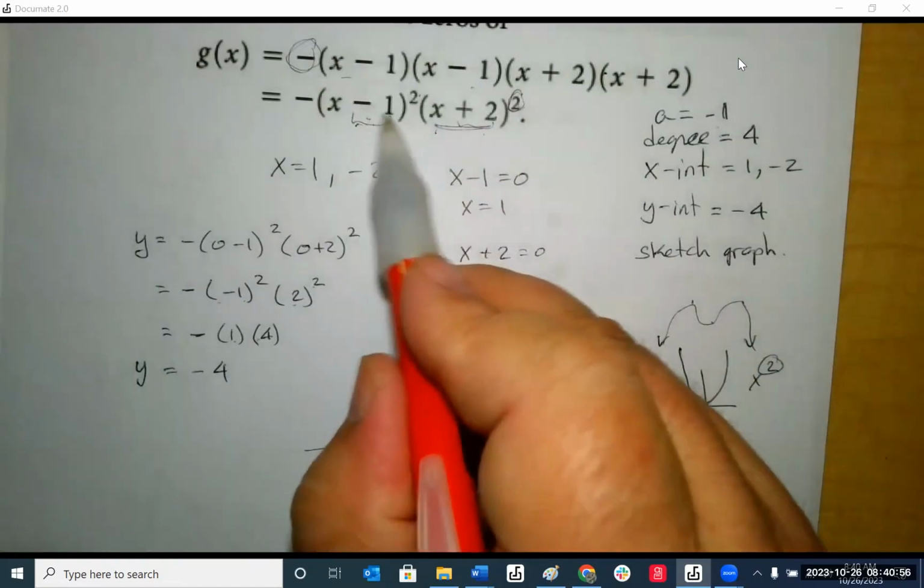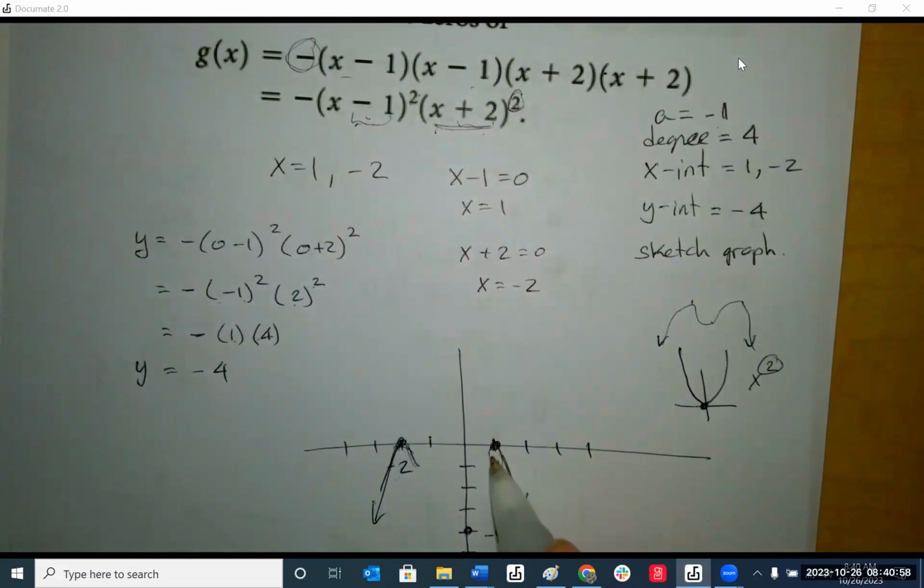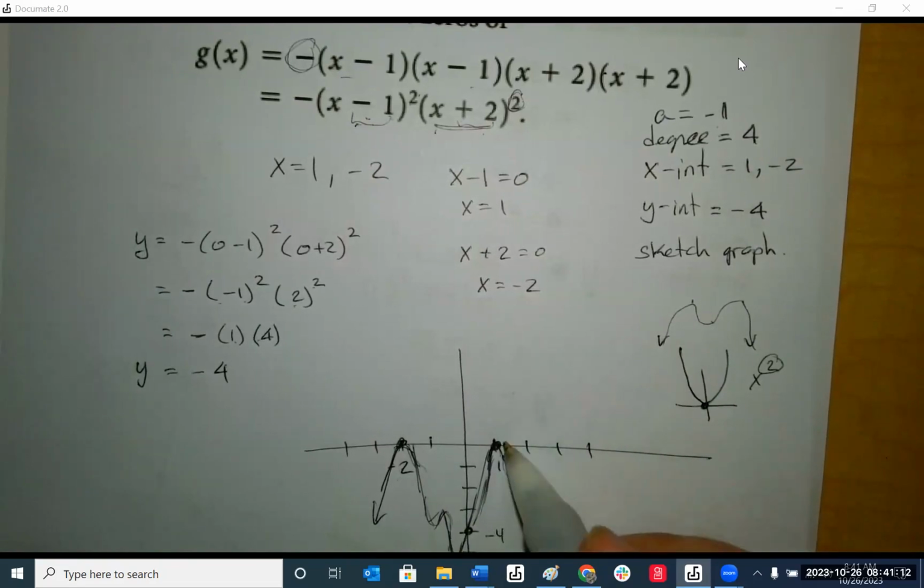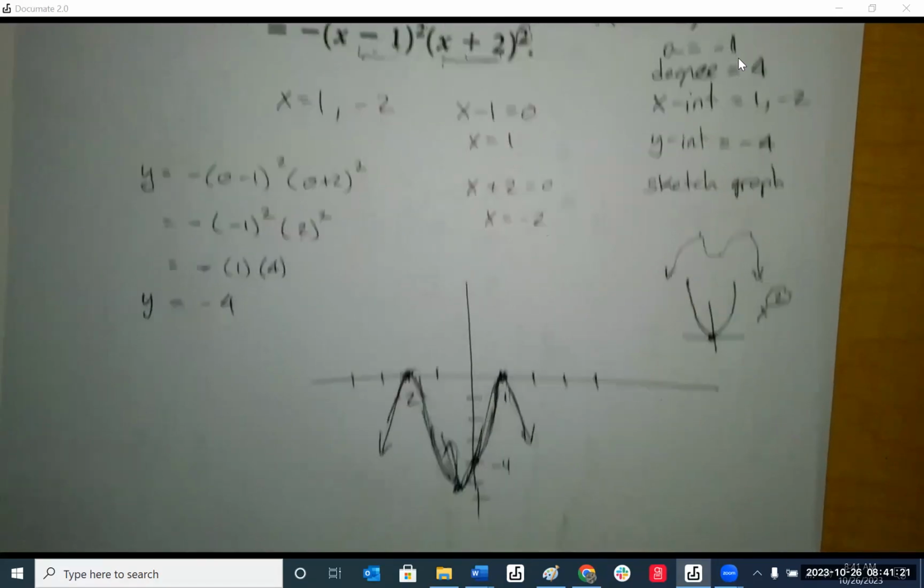And at 1, it's also even, so it bounces there too. So it looks something like this. It'll be like this then, because remember, we only have 3 vertices. It looks something like this.